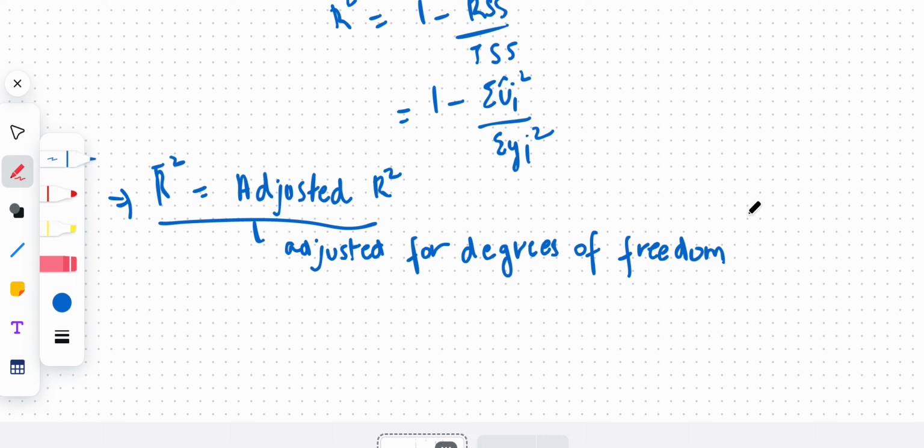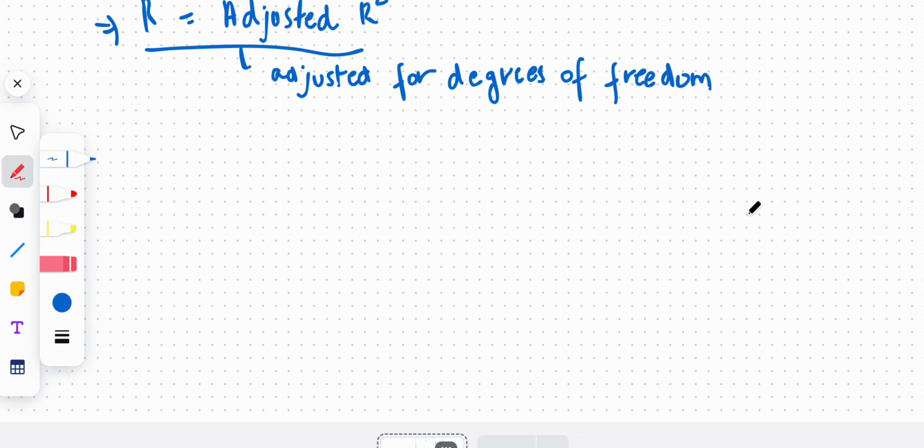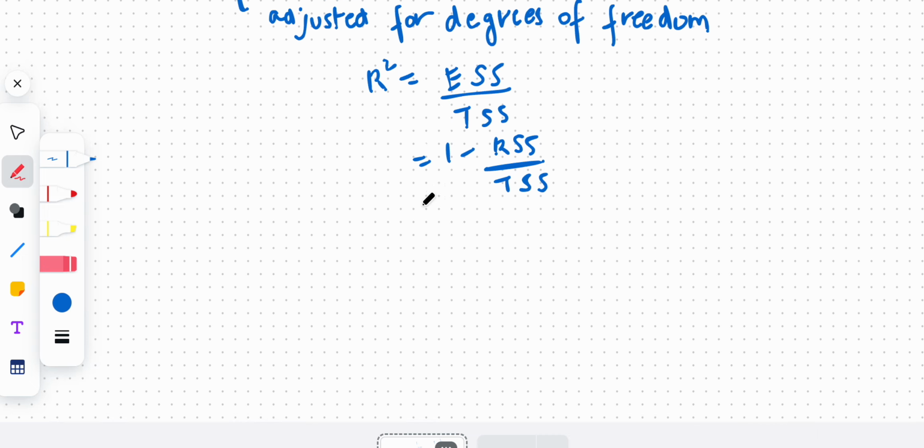So this would mean if my R square was this or this, I will adjust them for their respective degrees of freedom.